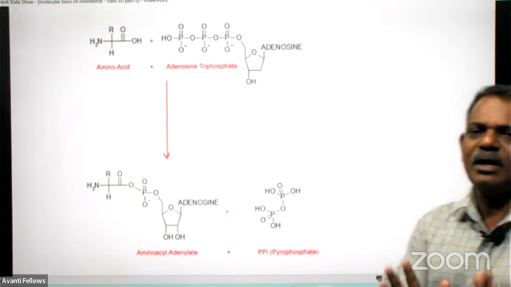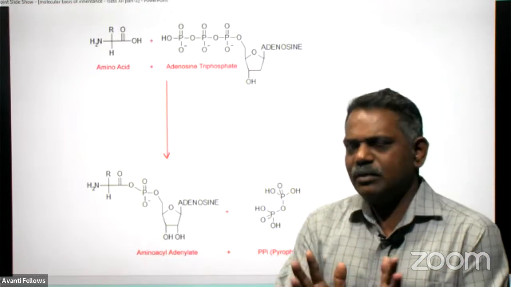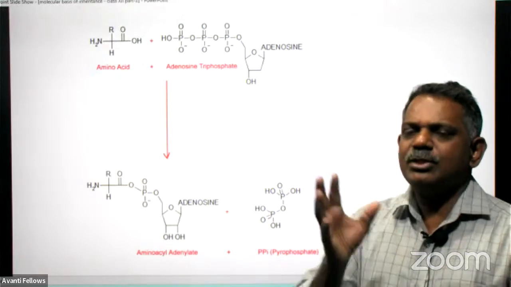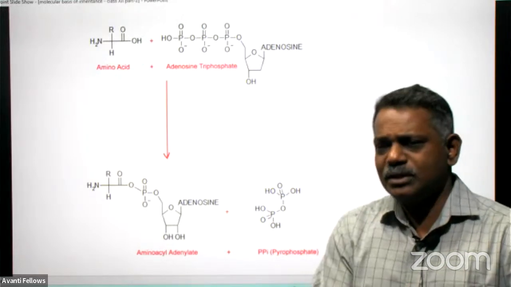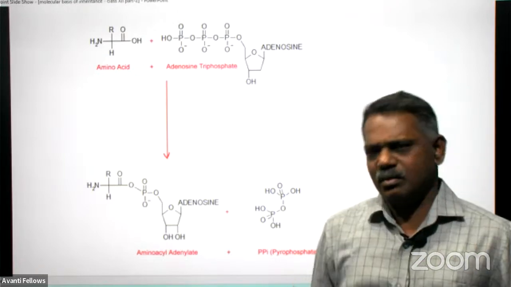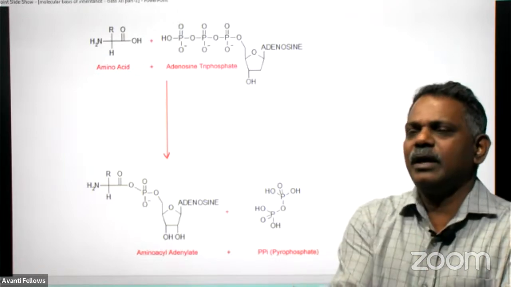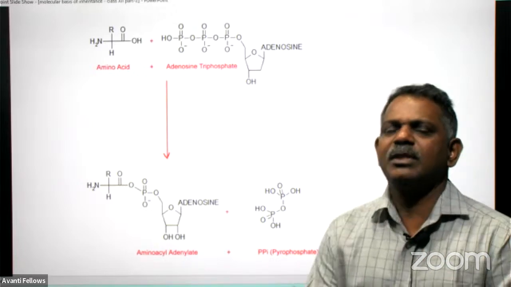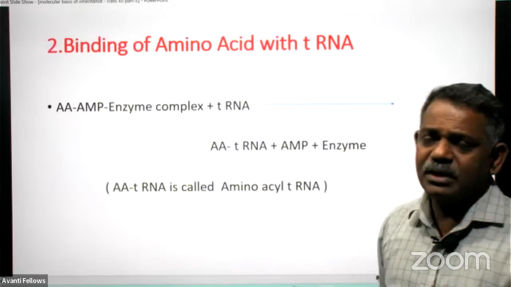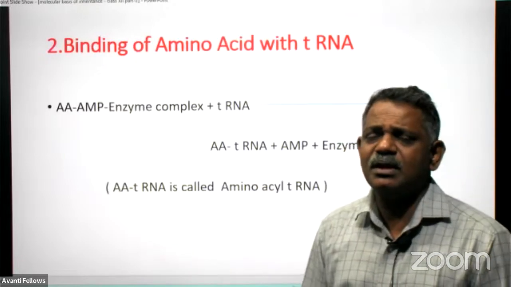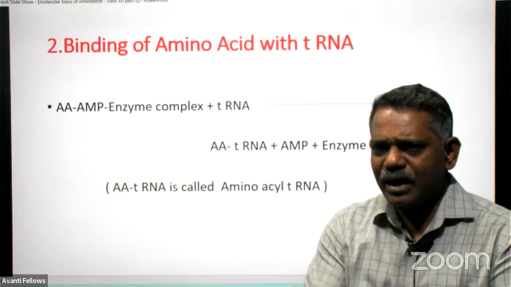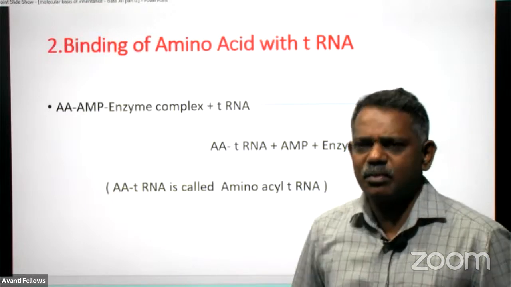This is the real process of activation of amino acid. The amino acid present in the amino acid pool should be activated by using an ATP molecule. Then only that amino acid can be used for protein synthesis, right? Because all the amino acids present in the amino acid pool are not active, very inactive. Only after activation can it be used for protein synthesis.